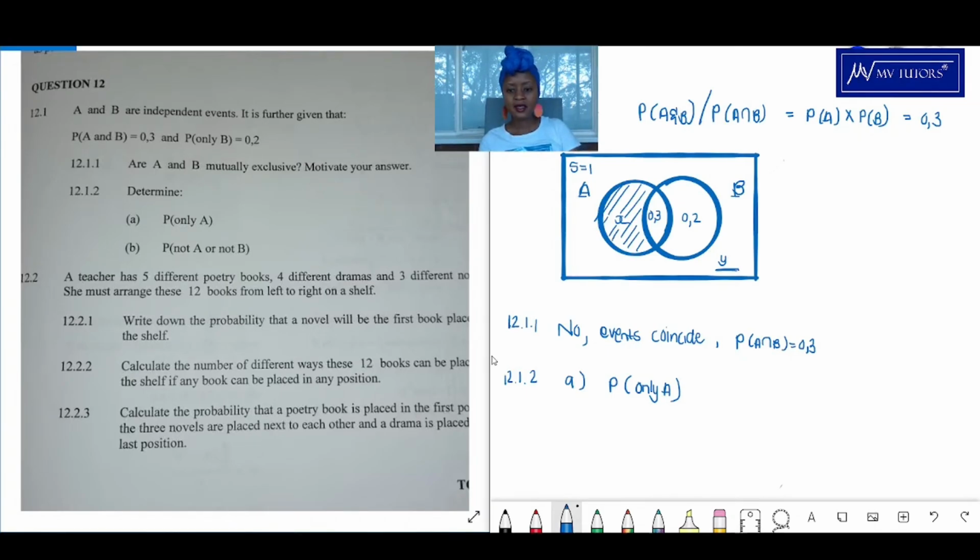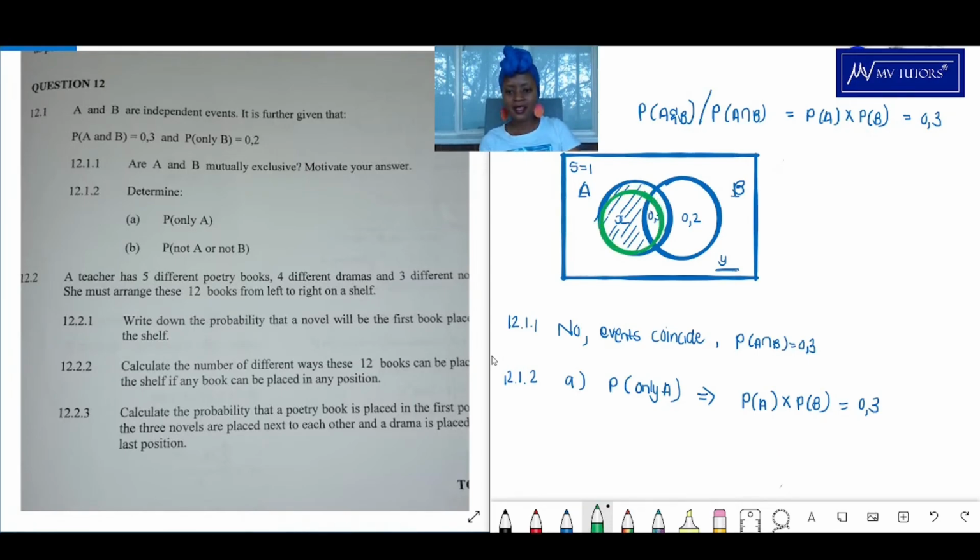According to my independent formula, if I take the probability of A times the probability of B, we know that it's going to be equal to 0.3. So what is the probability of A? The probability of A is me looking at the whole circle concerning A. So basically, it's all of A.